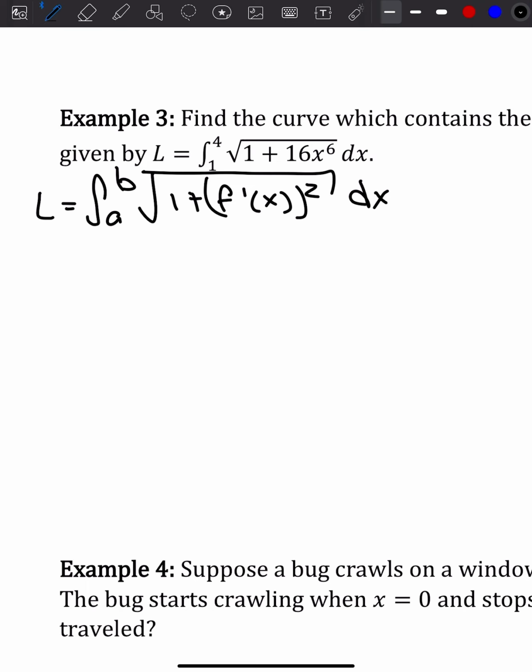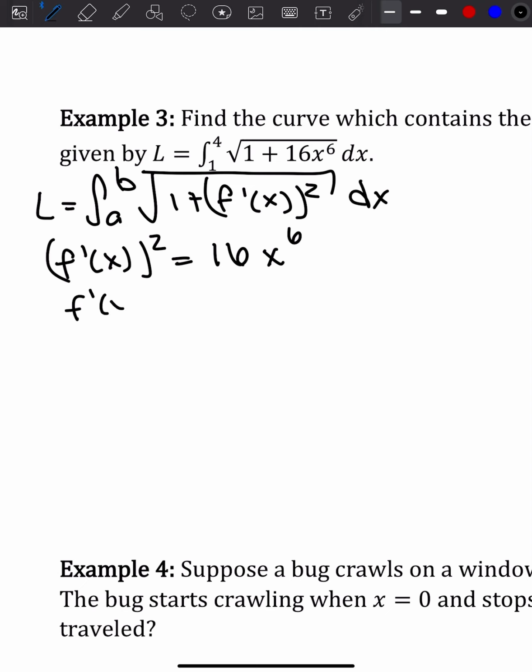So we have our bounds a to b. We have the square root of 1 plus f prime of x squared. So I can match that up. We have a 1 plus, so I know that f prime of x squared is 16x to the 6th. So I want to square root this in order to get f prime by itself.